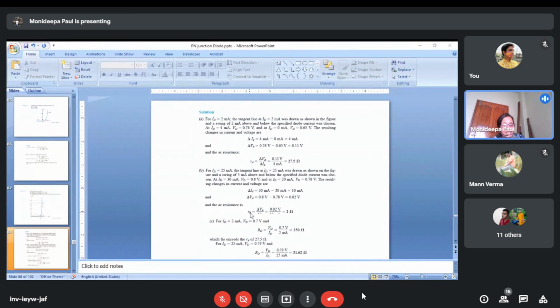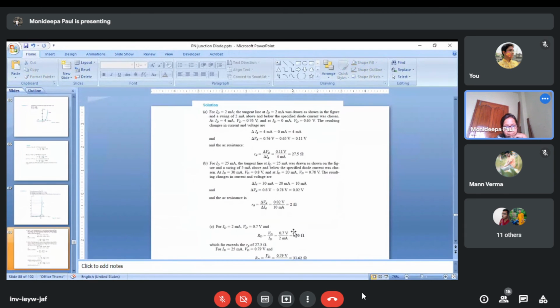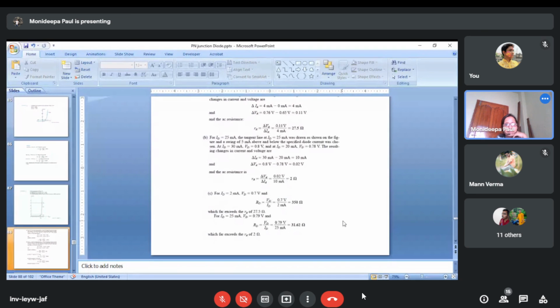So AC resistance is equal to this voltage divided by this current, and this is equal to 2 ohm. Okay?